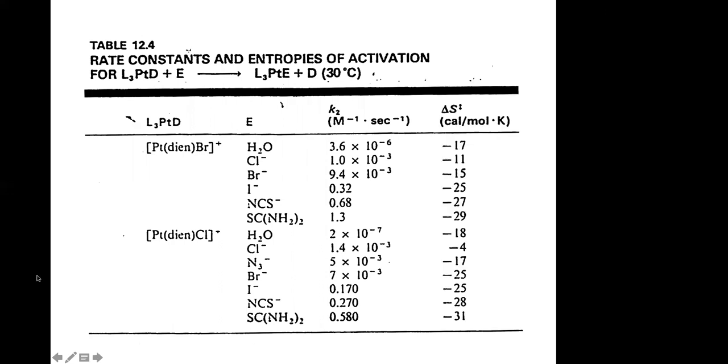Here you can see there's a negative delta S of activation, entropy of activation, associated with this reaction. What would we take a negative delta S of activation to indicate about the reaction mechanism? If anybody has an answer, please go ahead and speak up.